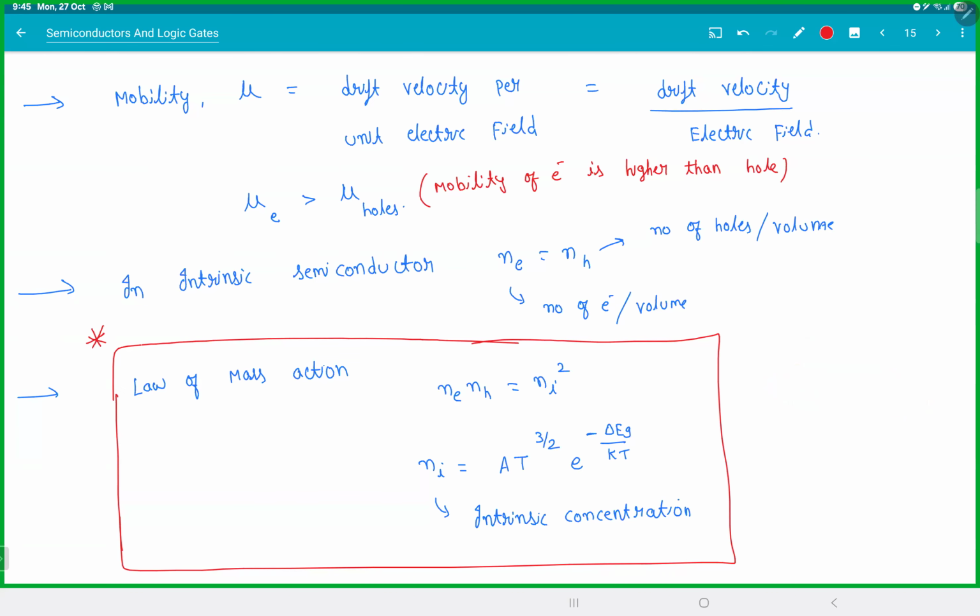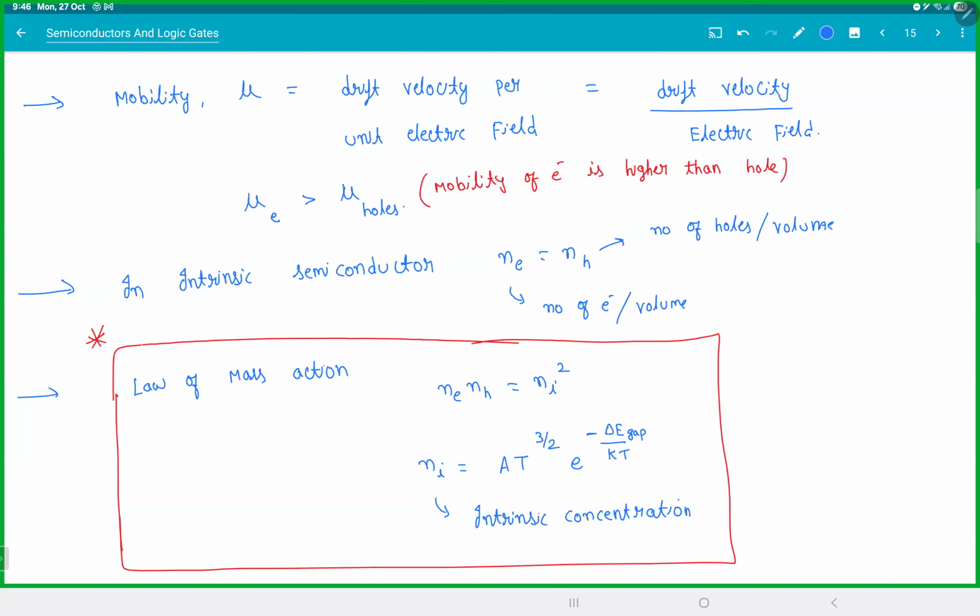What this says is the product of the number of electrons per unit volume and the number of holes per unit volume is always constant, Ni square, where Ni is called the intrinsic concentration. That is the number of total charge particles per unit volume. This is your energy gap. So this Ni depends on temperature. The higher the temperature, the more electrons will come out, so you get more holes.